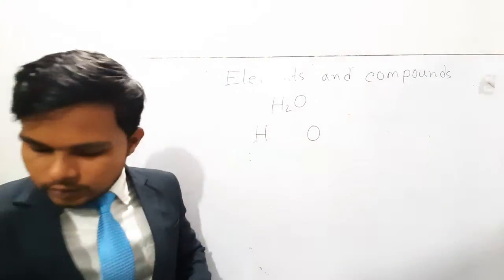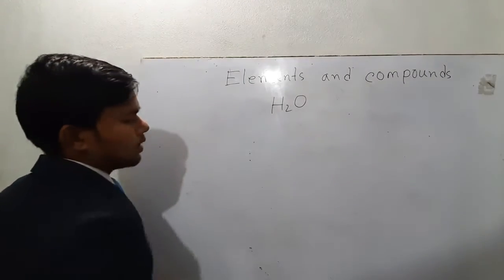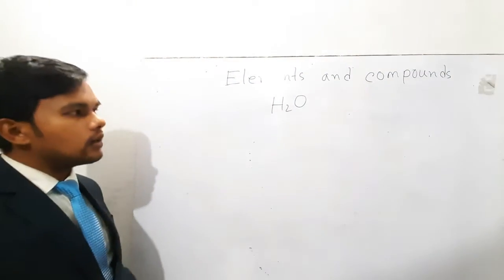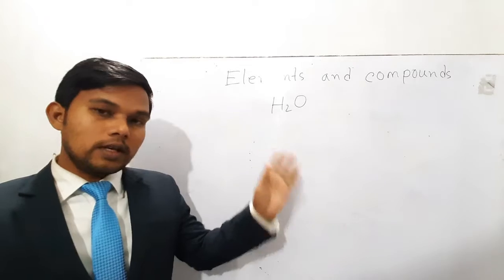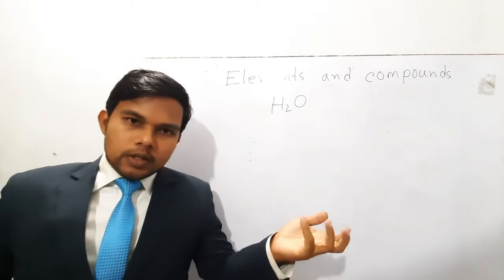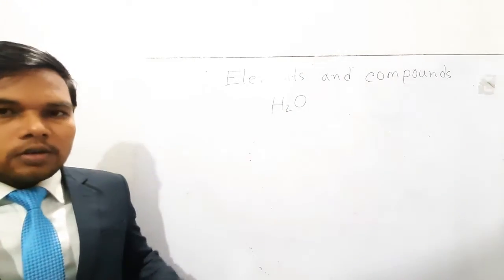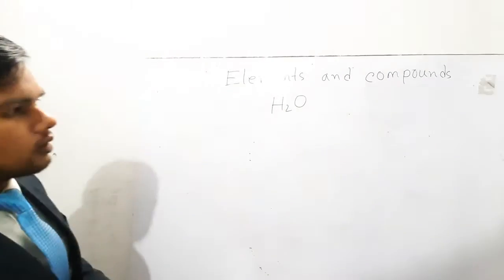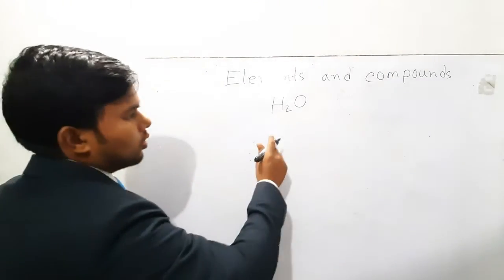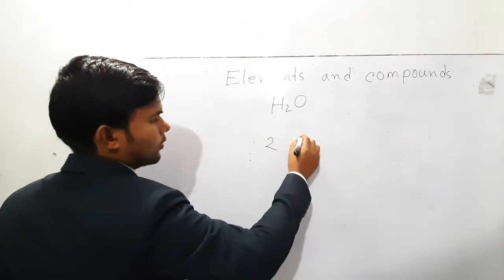The elements are always different, but in a compound the ratio of the elements is the same. The ratio of the elements will remain constant and unchanged. Let's say in water, if you take water from the sea or from the river or from a tube well or from a pond, every time the ratio of hydrogen and oxygen in water is 2 to 1.